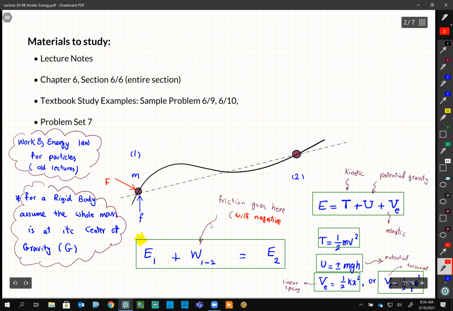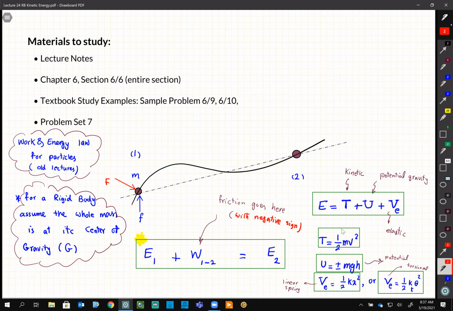As for energy, we have T, U and Ve. U is potential energy, which is mgh, and always for a rigid body, consider the center of gravity. Ve is the elastic energy, 1/2 kx squared, or 1/2 k_t theta squared if it is a torsional spring.